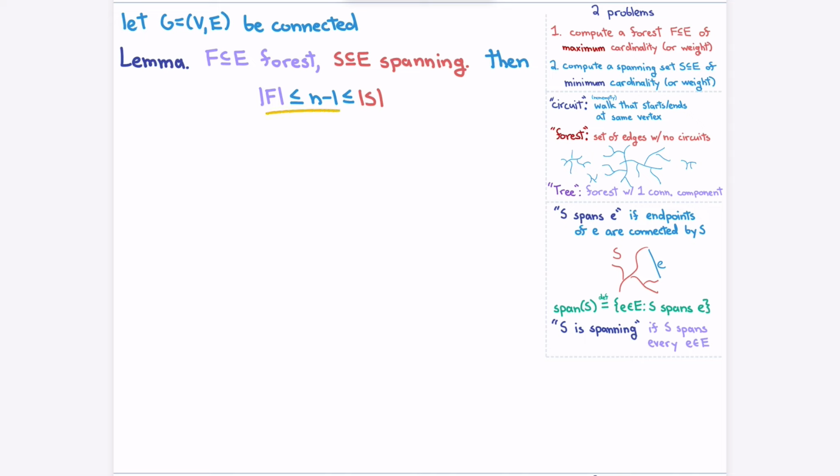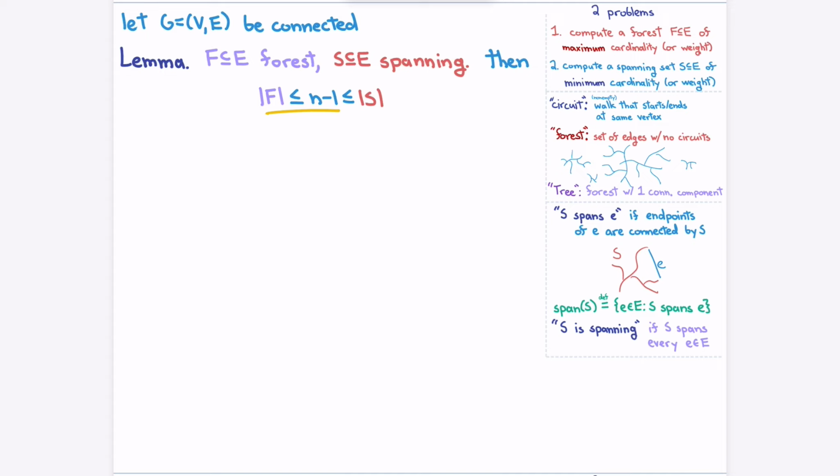We can start with the forest side. Any ideas for trying to show that any forest in the graph can have at most n minus 1 edges? Yeah, so we want to argue at some level that if you have n edges, you must have a cycle.